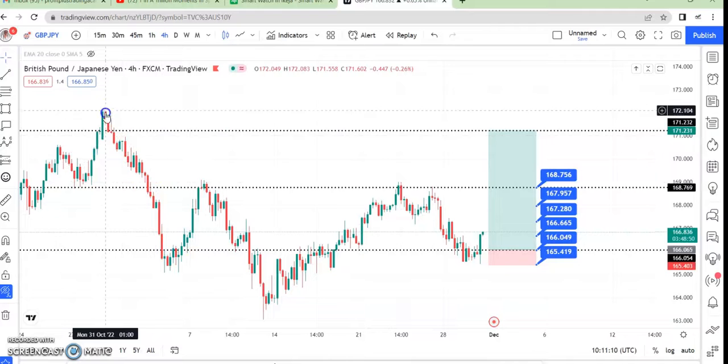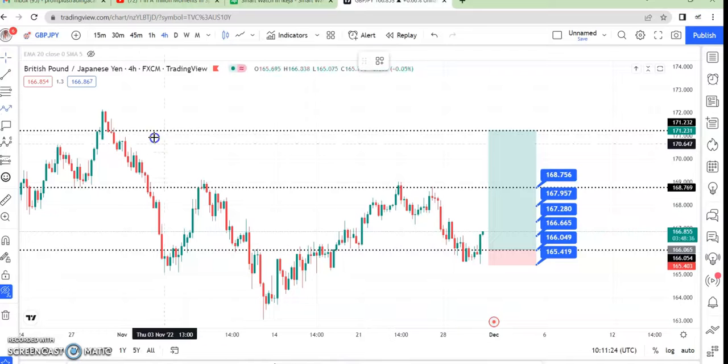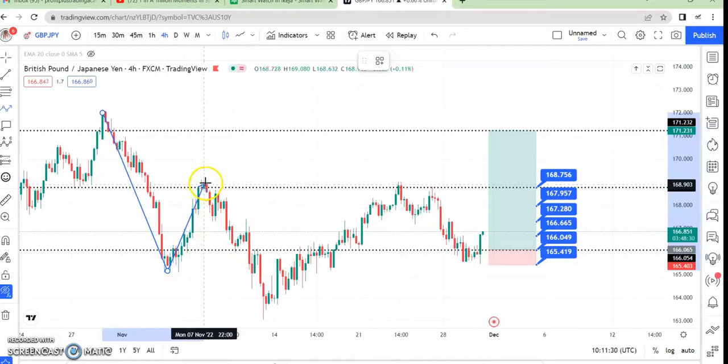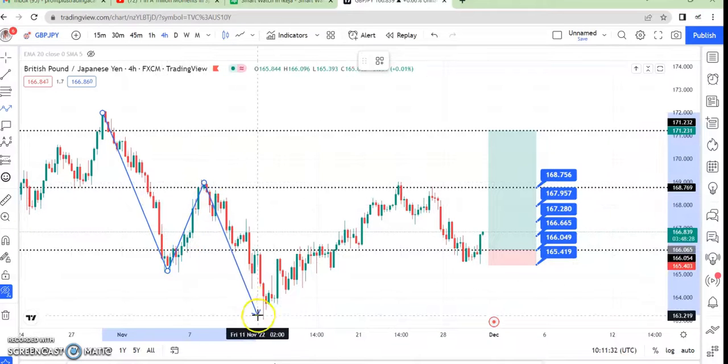You can see this very aggressive price drop from this level. Let's mark it out. From here down to this point, price pushed back up to this level and then pushed down.